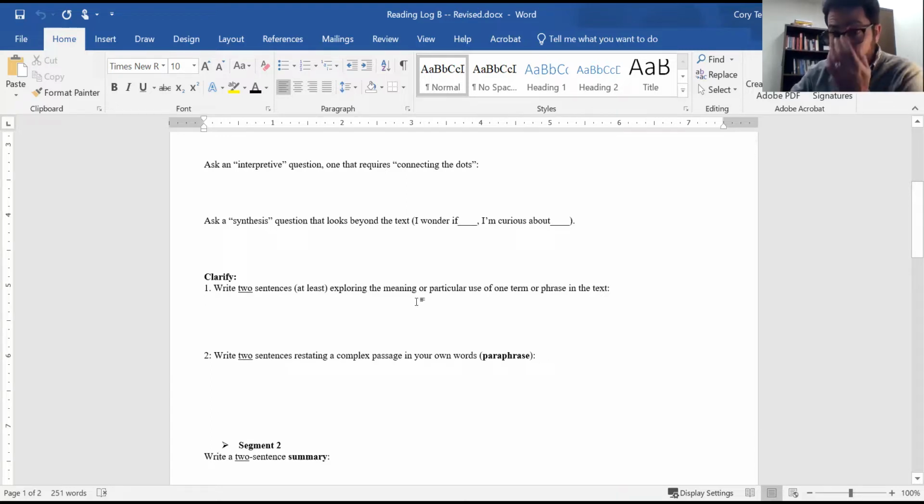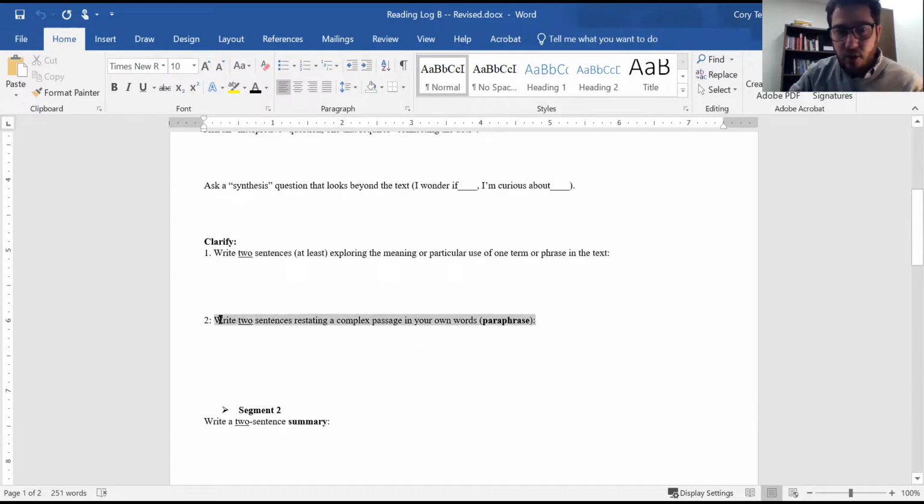It might be a term you don't already know, and it might be that you looked it up. But above all, what we're looking for may be terms you're already familiar with, but which are being used in a significant or central way or a unique way in the text. So write down some phrase or term, and then explain how it's being applied here in at least 2 sentences.